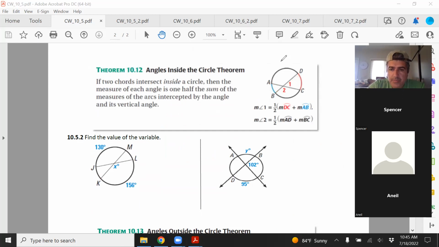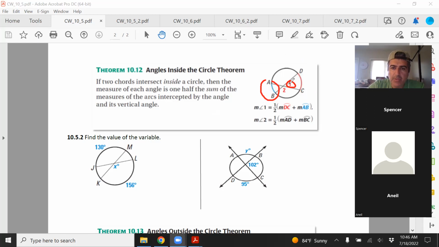So here's angle 1, and obviously angle 1 could be there also because those are vertical angles. So angle 1 is half the sum of the arcs they intercept. So angle 1's clearly intercepting AB and DC. So angle 1's half the sum of AB and DC. Sum means adding up.